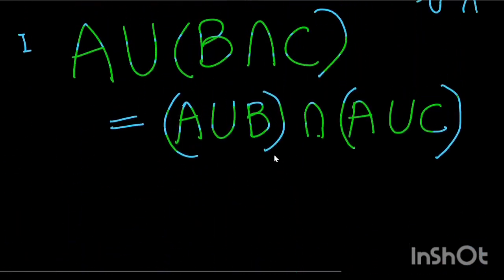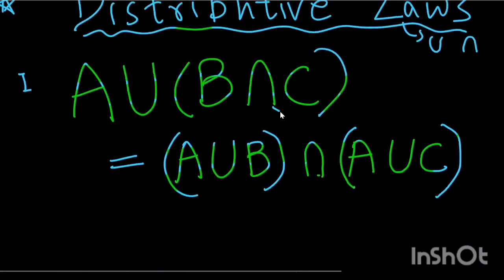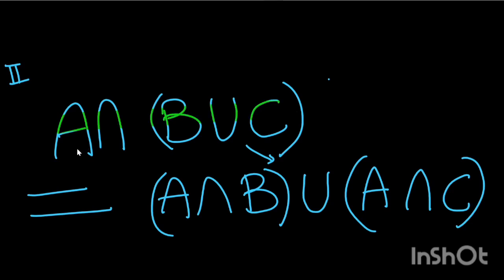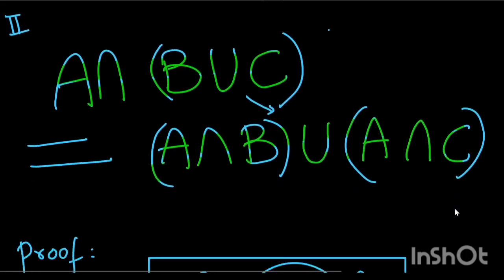As you can see here also, whatever was between B and C, that sign came here. So this is another version of distributive law. These are the two distributive laws. A intersection bracket B union C is A intersection B union A intersection C, that we can distribute.